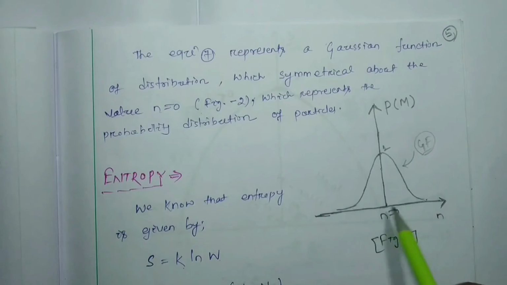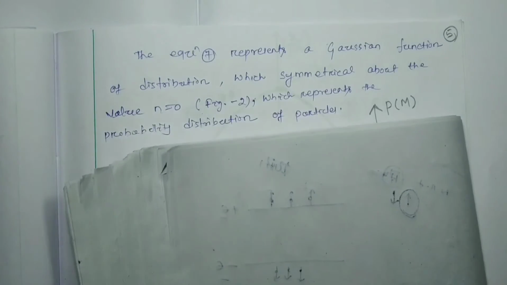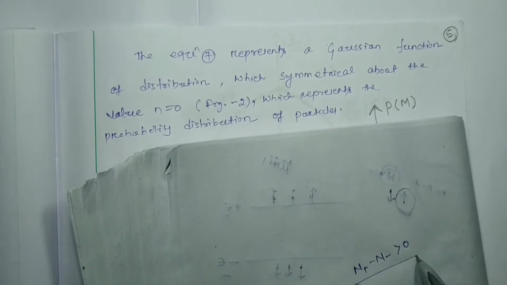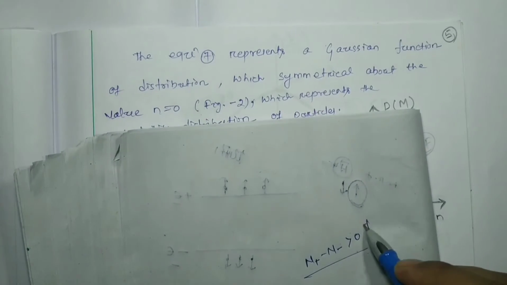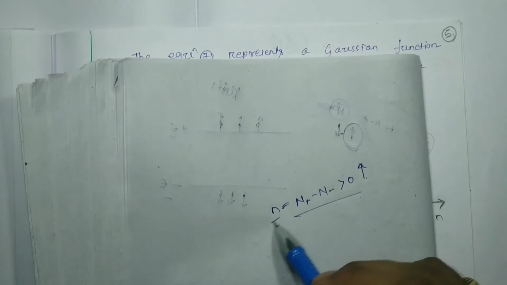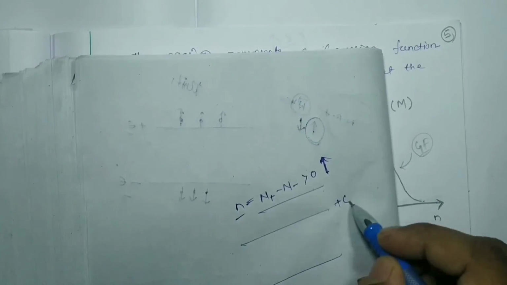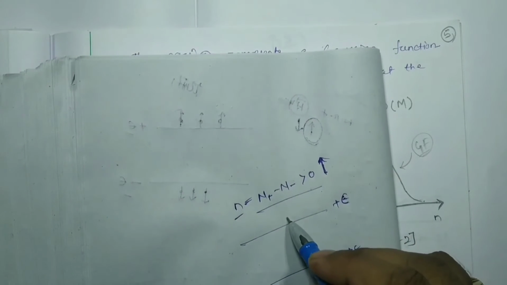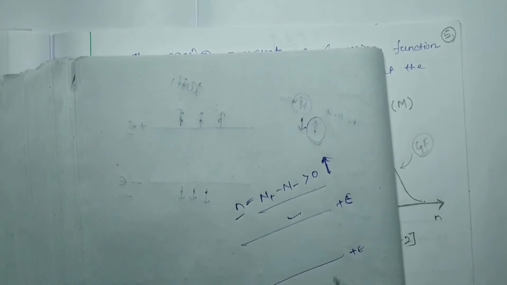So here n is positive, that means n plus minus n minus is greater than 0. If this increases, that means small n is going to increase, that means the upper energy level contains a larger number of particles than the lower energy level.